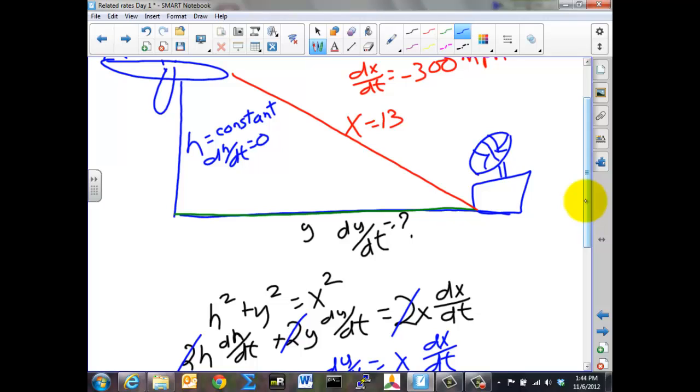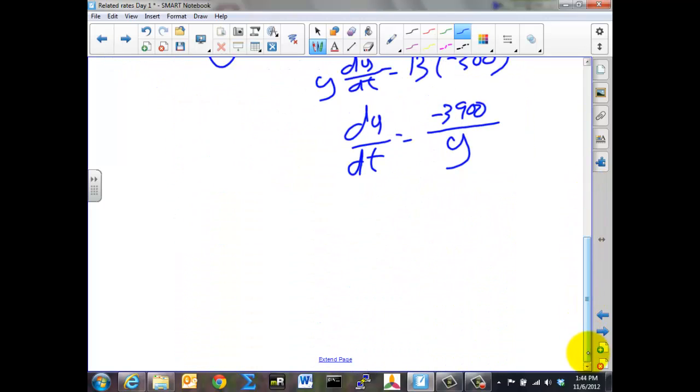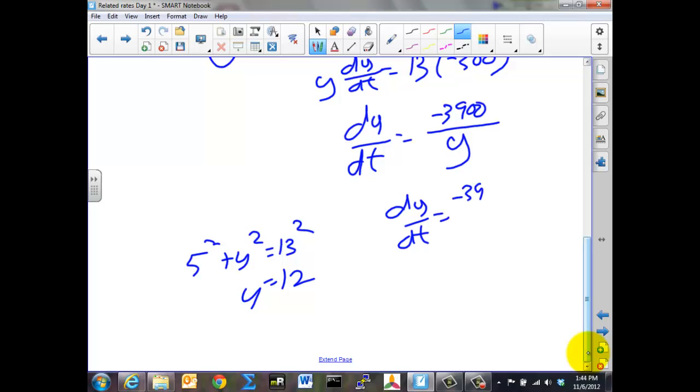Now we can figure out what y is. 5 squared plus y squared equals 13 squared, and we find that y is 12. Pythagorean triples. So then dy/dt equals negative 3,900 over 12, which is negative 300 and something. Negative 325, I think.